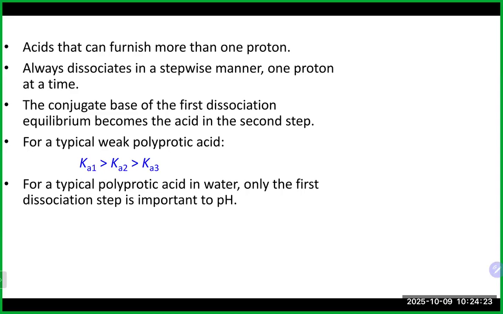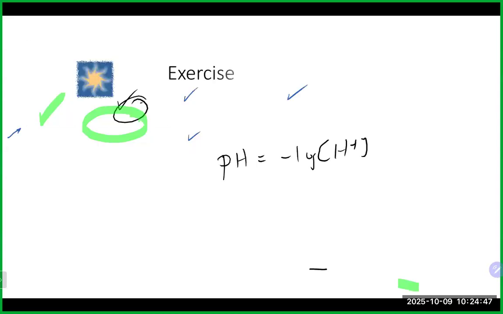And as we saw, it gets progressively harder, with smaller K values, as you keep pulling off those hydrogens. Typically for polyprotic acids in water, only the first step is the important one, as we just saw with our example. That is where all of your H plus comes off, and you can just use that to calculate your pH. Questions on that? All right.